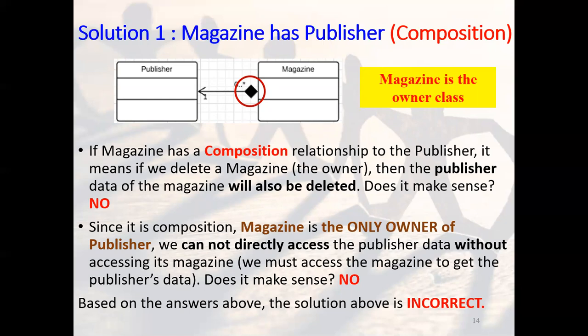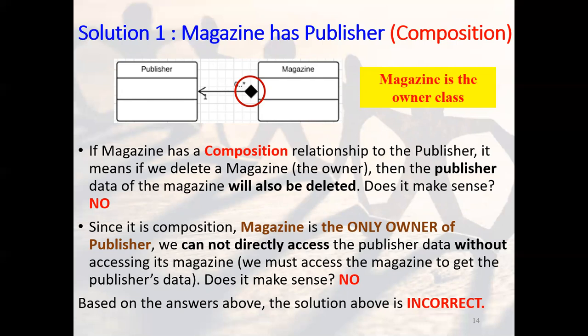Magazine has publisher. Now, if we put it like this, it means if a magazine is removed, then the publisher will be removed automatically. Does it make sense? No, obviously, because a publisher can publish many magazines. The removal of a magazine should not automatically remove the publisher.